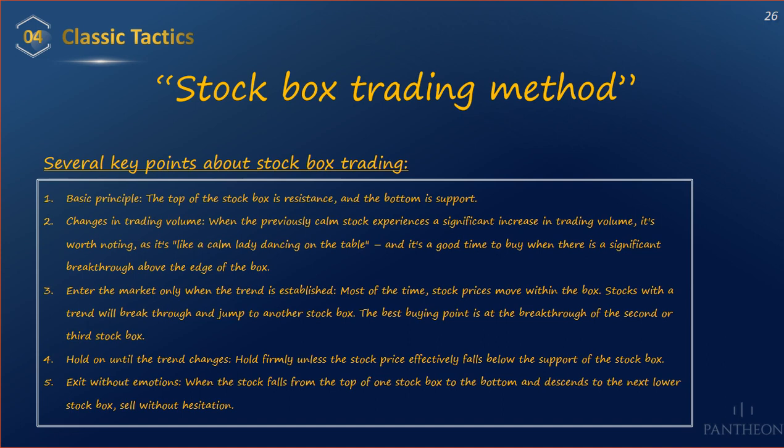Okay, for point number 4, hold on until the trend changes. Okay, meaning that you hold firmly unless the stock price effectively falls below the support of the stock box.